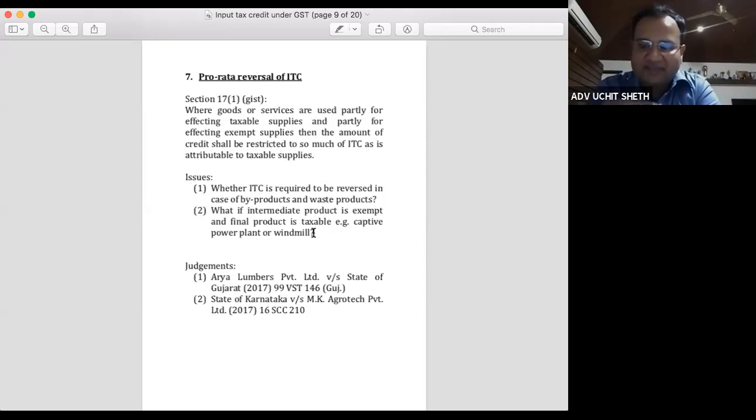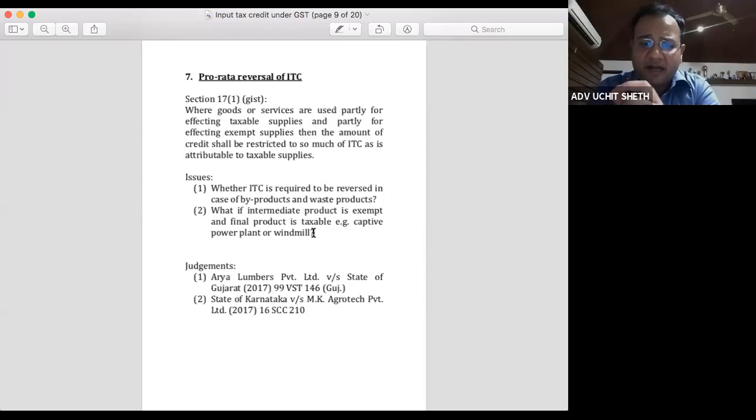While you may say that the oil cake is a very minor product, if you look at your proportion of sale, almost more than 30% of it is for oil cake. So we cannot subscribe to the view that oil cake is only an incidental product. It is a byproduct, and therefore you need to reverse the input tax credit proportionately.